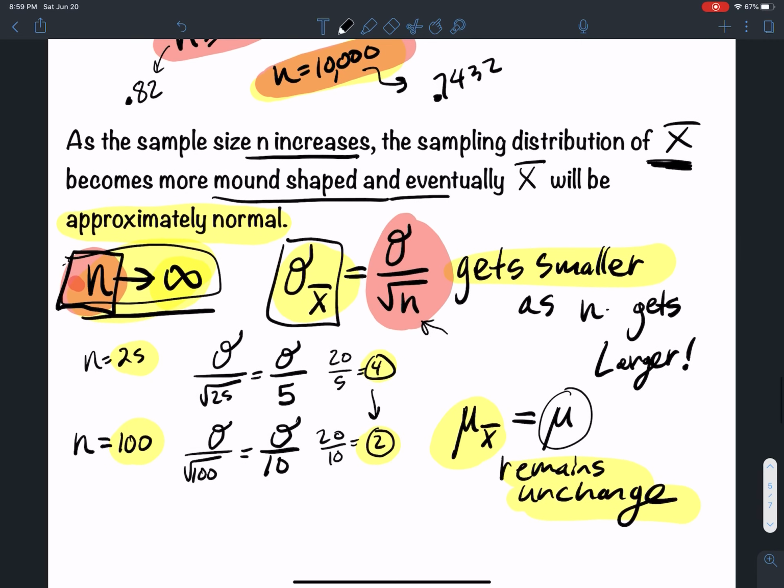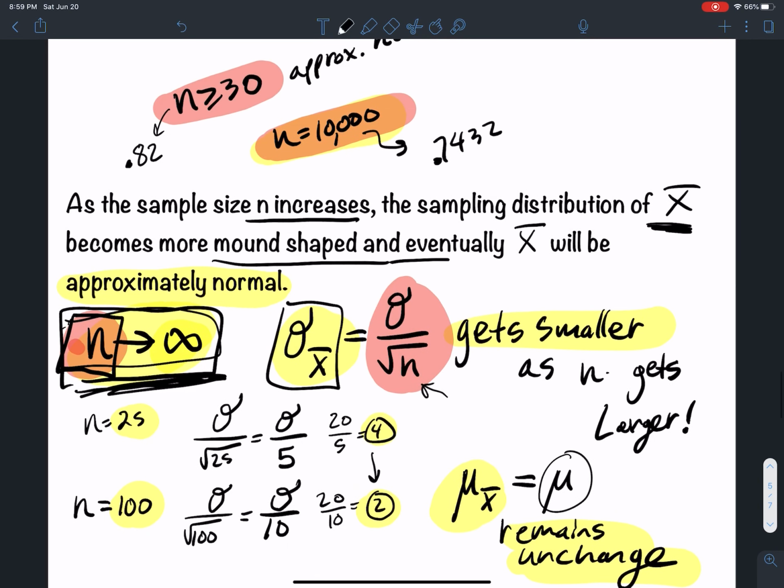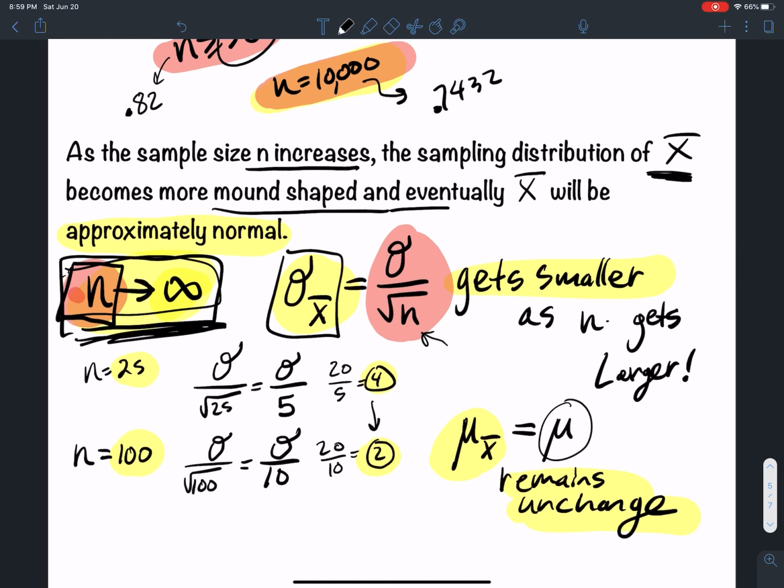If I have a whole lot of knowledge, the chances of me making a mistake are smaller than when I'm working with less knowledge. Therefore, as my n increases, my error decreases. That's how I want you to intuitively think about this.